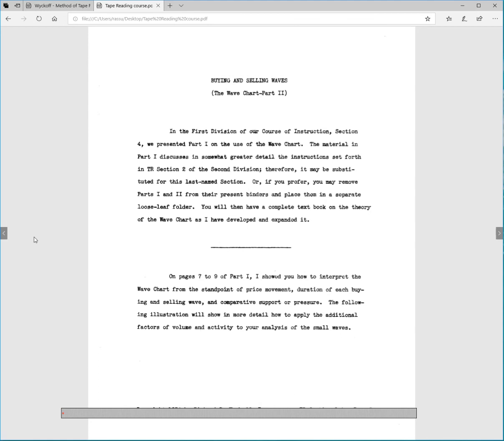But the point is, you want zigzags and software that has the ability to plot volume, price, meaning the change in price from the swing low to swing high, and time, whether it's 15-minute, 20-minute, 30-minute.